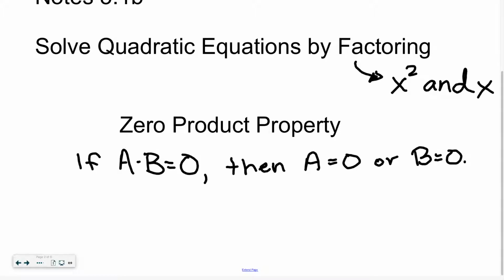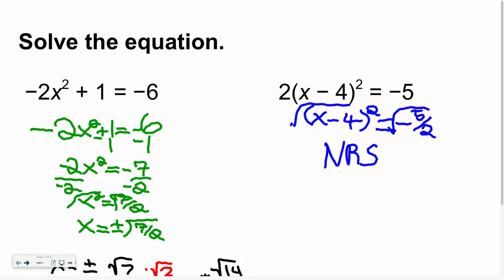If we go back to our warm-up or your homework assignment from yesterday, where we're solving by taking square roots, notice in this first equation I do not have x squared and x. I have only x squared, so I can peel away the layers, isolate the x, and solve. Here, I have one kind of x.